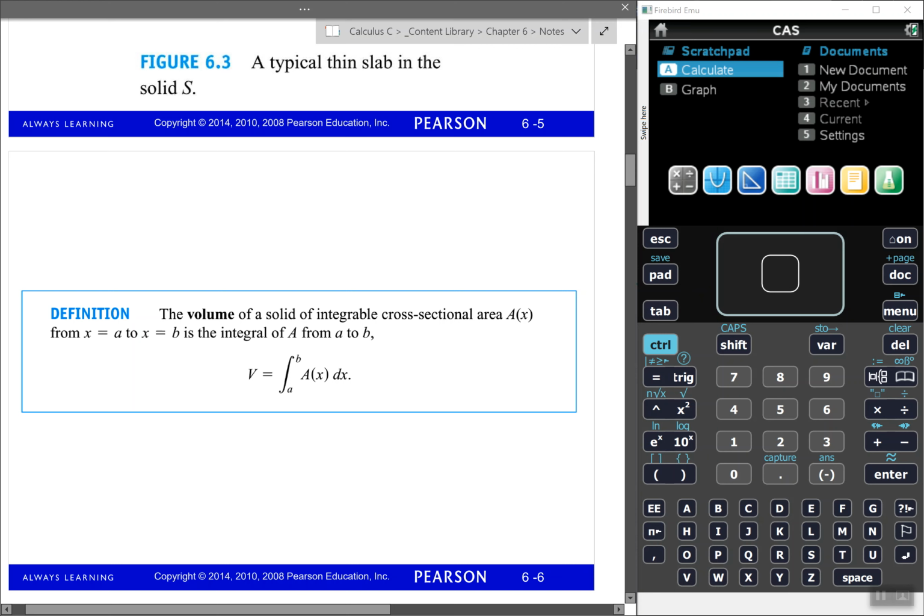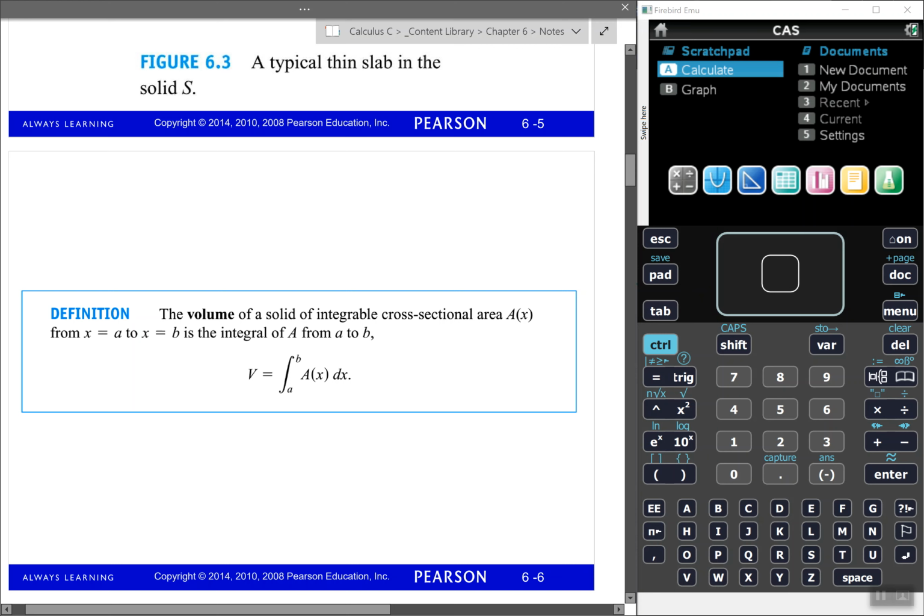The most important thing that we are going to be doing in this is figuring out the formula for the area. If you don't know the formula for the area, you're not going to be able to integrate something. You can't integrate a constant. That is not what we want to do. We don't want to take the area of one cross section and try to integrate that.